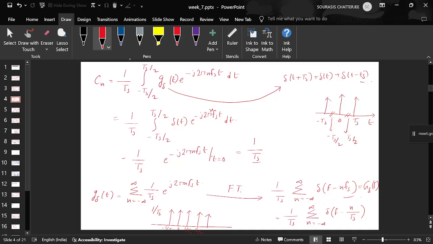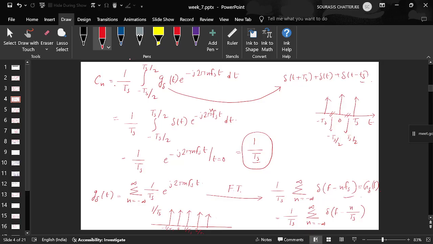So this integration basically reduces to e to the power minus j 2 pi n fs t at the value t equal to 0, and from there we see that the amplitude at the different spectral components actually doesn't depend upon n. N dictates the integer multiplier of the fundamental frequency.